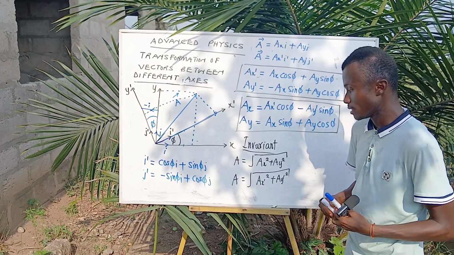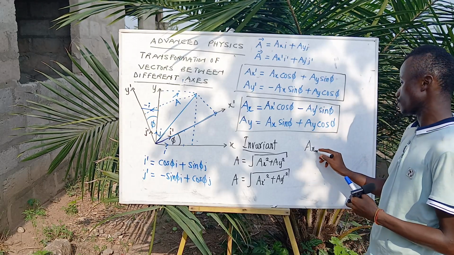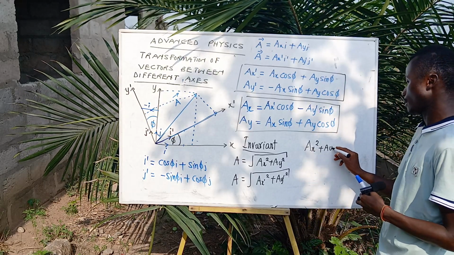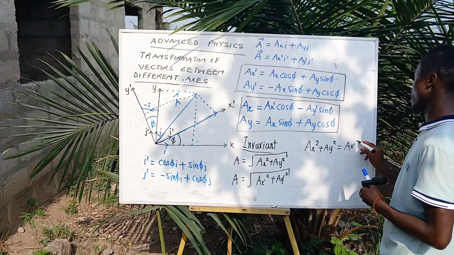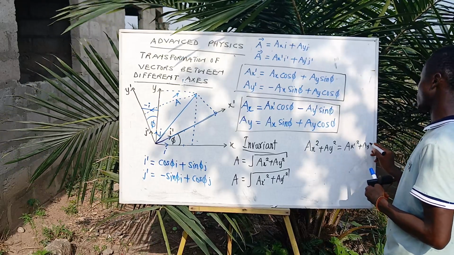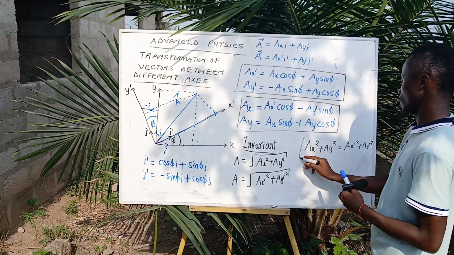And the beauty is that ax squared plus ay squared is equal to ax prime squared plus ay prime squared. You can check that. You can equate these two and then you have this invariant.